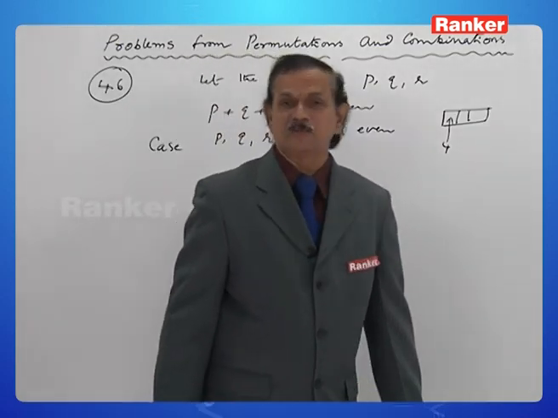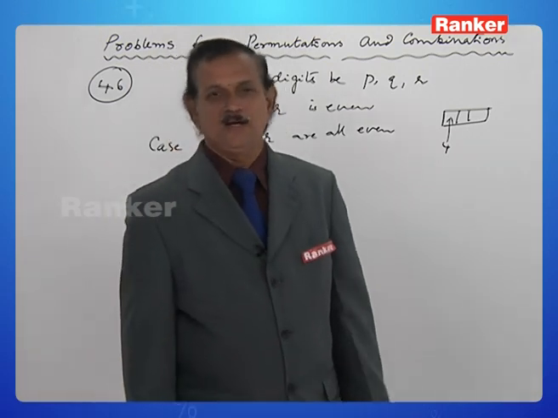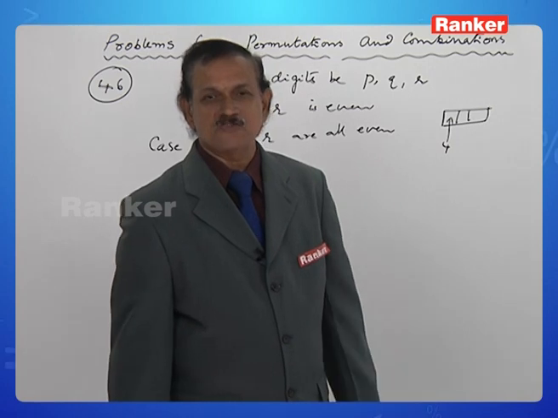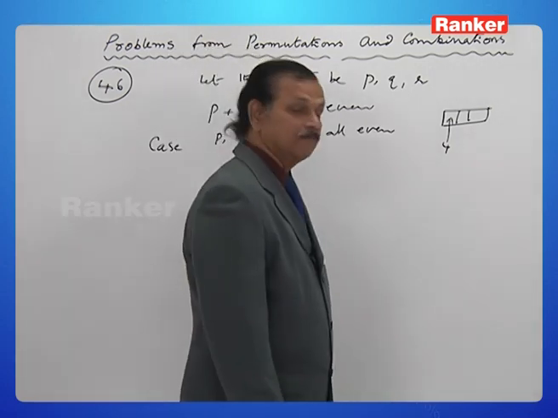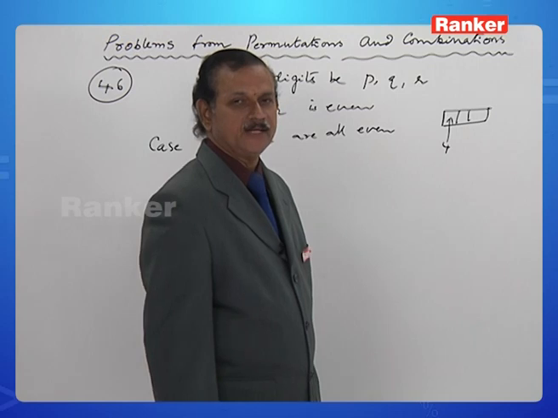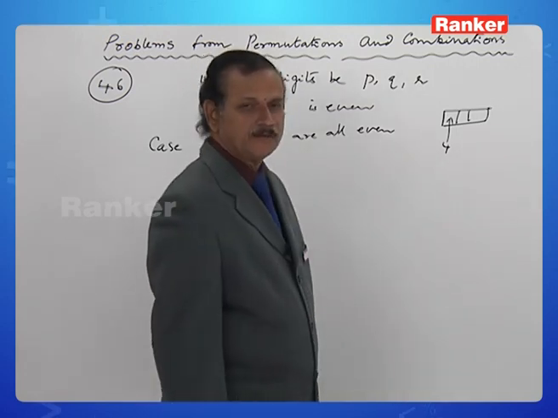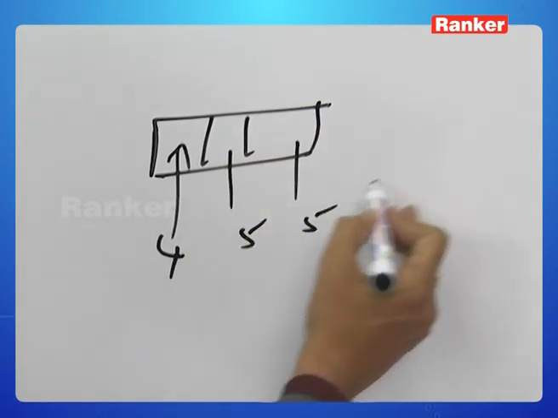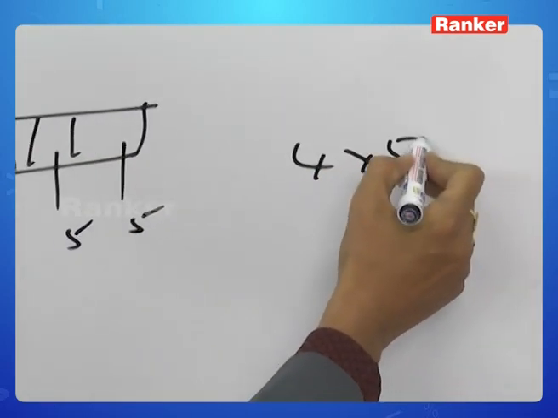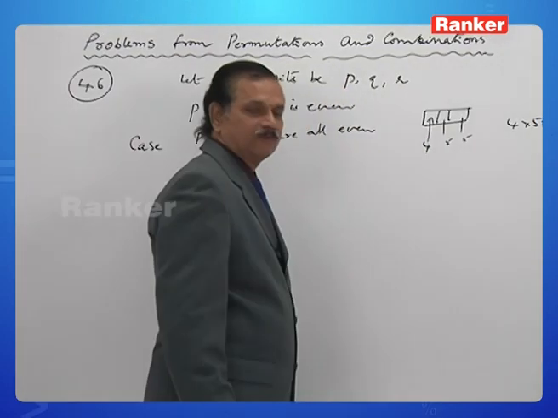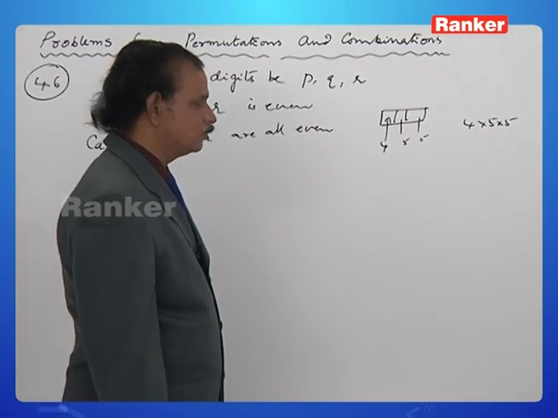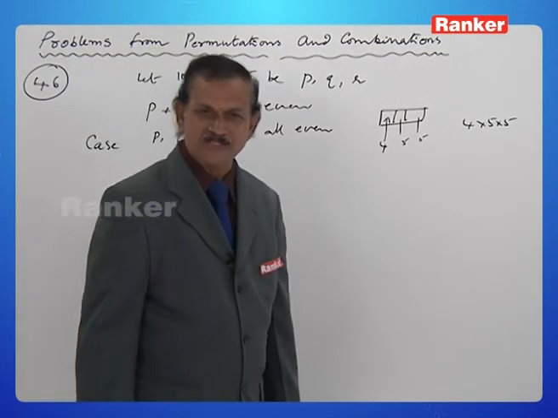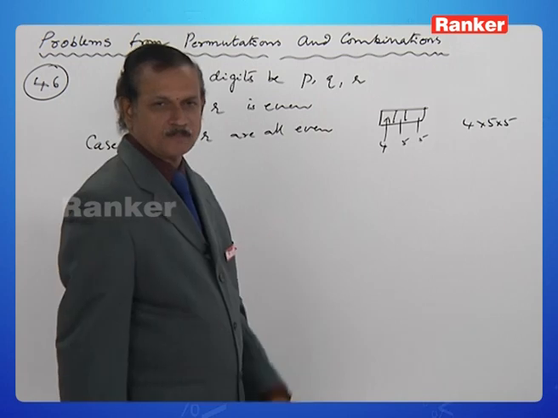Because enough care is to be taken about the first place, because 0 must not be there. Precautionary measure. It can be done in 4 ways. But the next one, 5 ways. Next one, 5 ways. Altogether, how many such numbers are possible? 4 into 4, 5 into 5, that is 20. Sorry, it is 100. 5 into 5 into 4 is 100. 100 such numbers are possible.